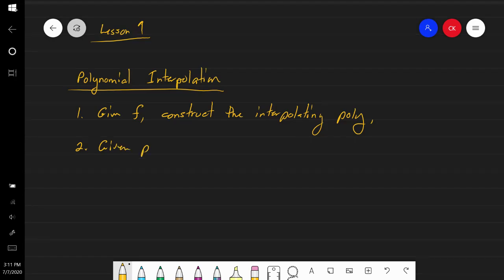So given some polynomial p, we'll call our interpolating polynomial p here, find either the integral of that polynomial, or we could, of course, differentiate it as well.